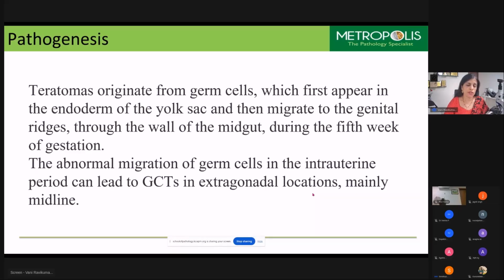The abnormal migration of these germ cells in the intrauterine period in the 5th week can lead to germ cell tumors in the extragonadal locations. So we have teratomas in the gonadal and extragonadal sites, and that point is very important to remember. Extragonadal, the location is usually midline, either in the retroperitoneum or in the mediastinum or anywhere in the midline. These are the common extragonadal locations.